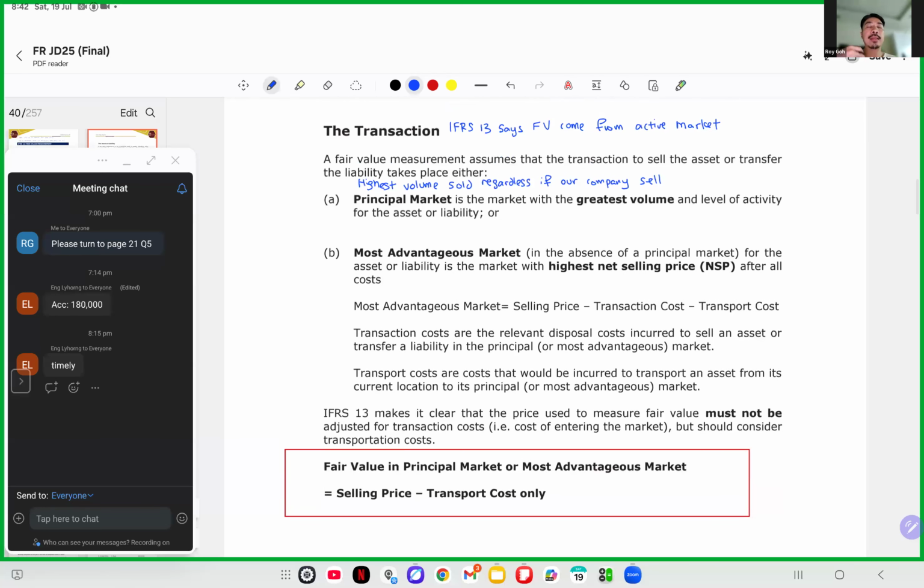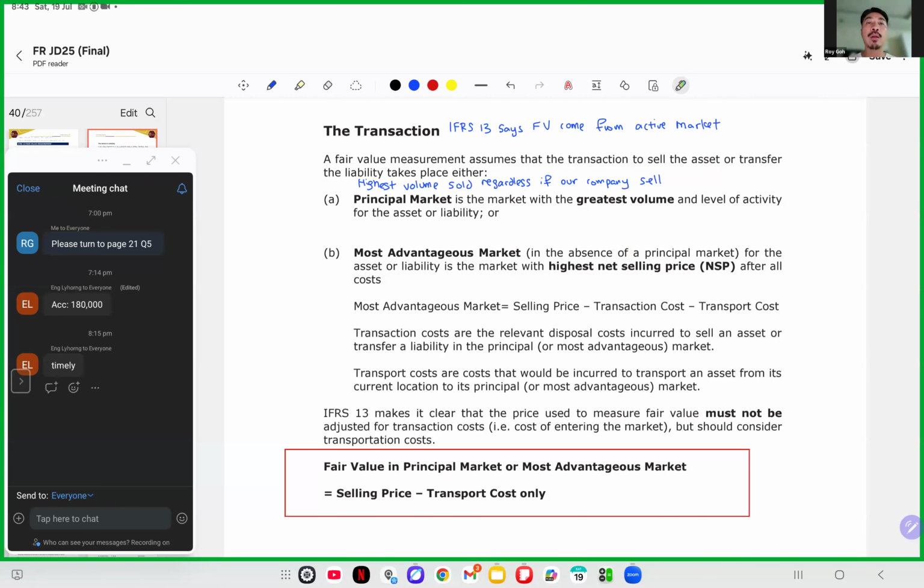When there is an absence of the principal market, for example, there's a lockdown, or a loss of market, like a tariff. The US levies a tariff, so we say, okay, I don't want to sell my product to the US anymore because it's so expensive, nobody wants to buy. Because of that tariff, I lost the US market.